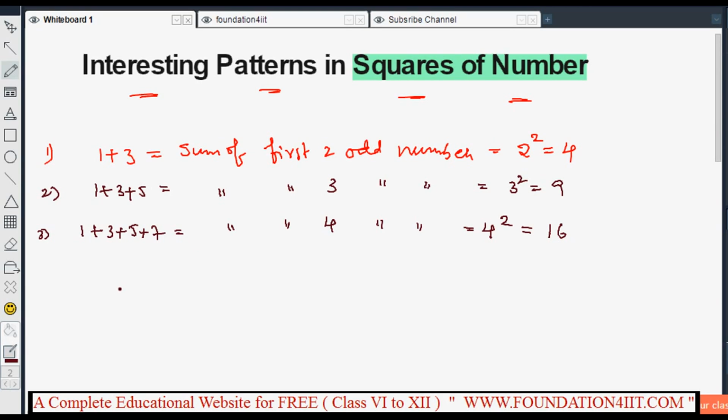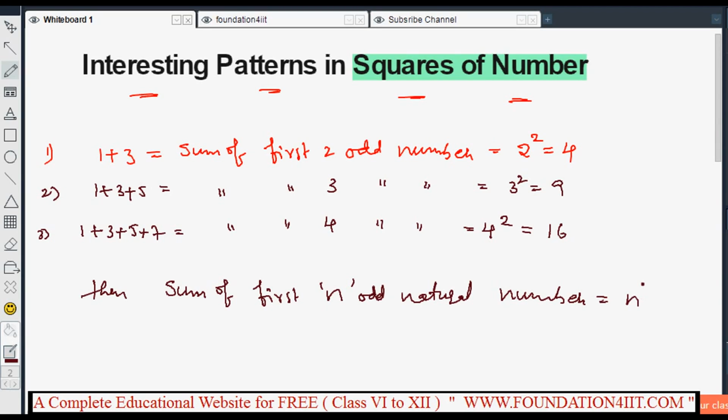Now we can generalize the formula. For every natural number n, we can conclude this pattern: the sum of the first n odd natural numbers is equal to n square.